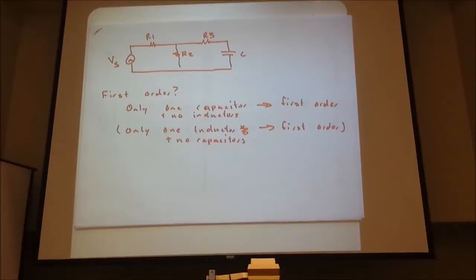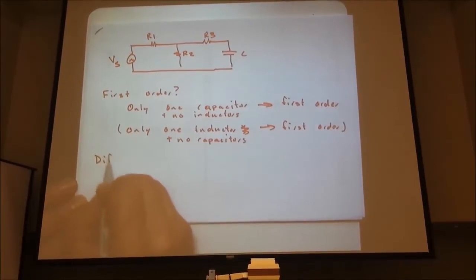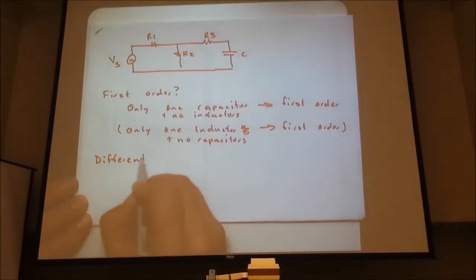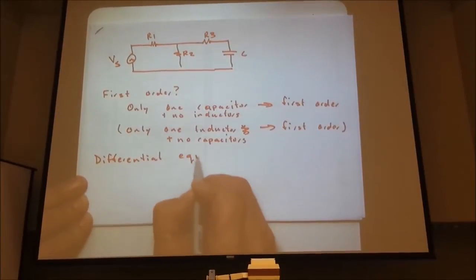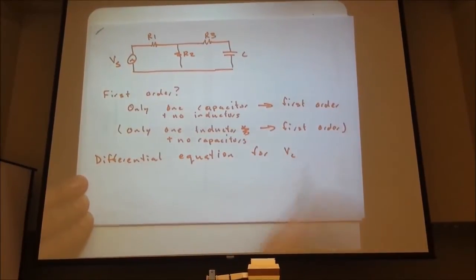Still first order. Well, how would we find VC(t)? We need a differential equation, still going to be first order, of course, for VC(t). Well, how are we going to get that?